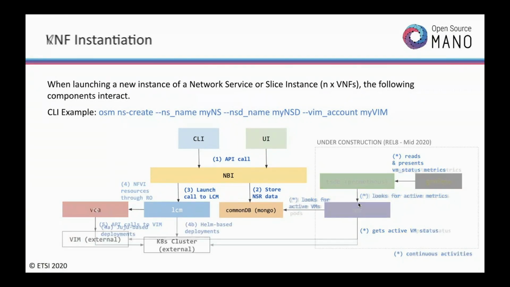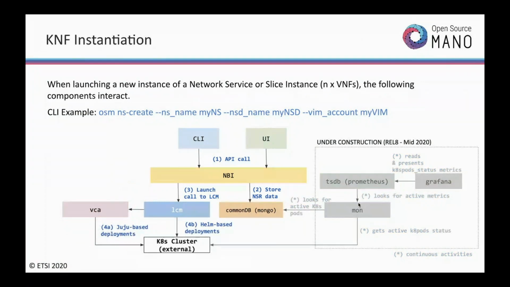Then we have a KNF instantiation. Well, we can call it KNF because it's a containerized network function based on Kubernetes. We call it CNF, because Kubernetes is the only way of deploying containerized network functions today. So KNF or CNF today is more or less the same in OSM.